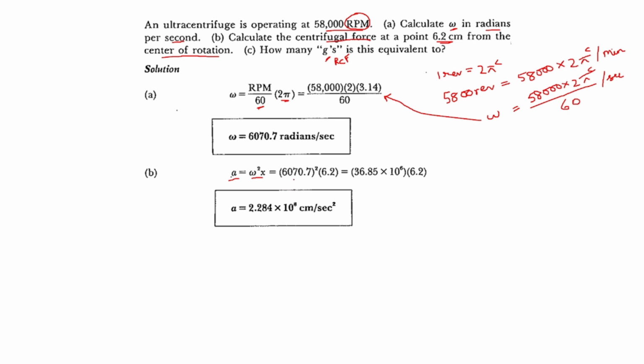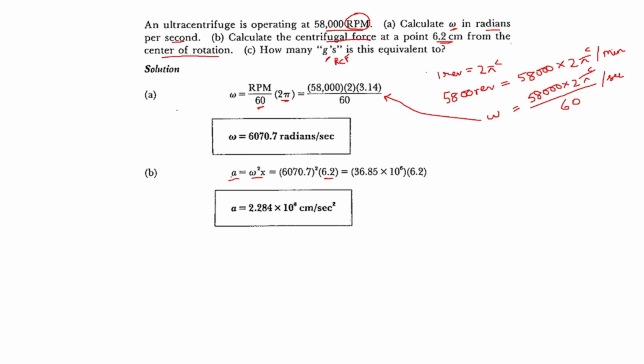So we have 6070.7 whole square into 6.2, which is the distance in centimeters they have asked us to use. So the relative centrifugal acceleration comes to be 2.284 into 10 to the power 8 centimeter per second square. These are direct applications of physics formulas.